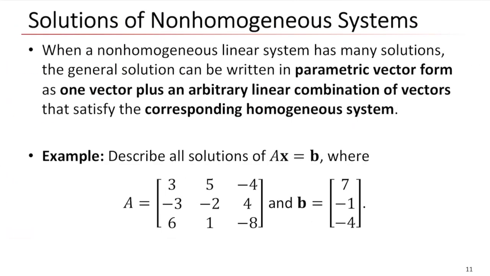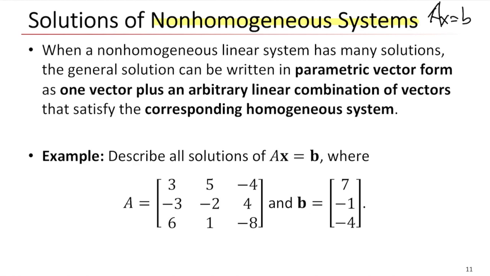Okay, let's move on. We were talking about what the homogeneous system is and how to solve it. Now let's go back to the non-homogeneous case. What is the non-homogeneous system? Ax equals b, because the homogeneous system was Ax equals 0.